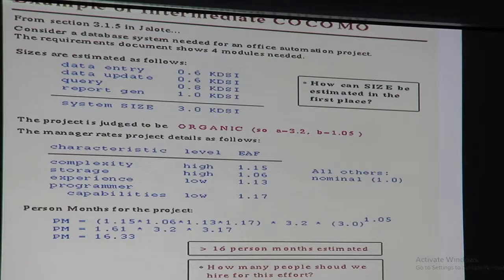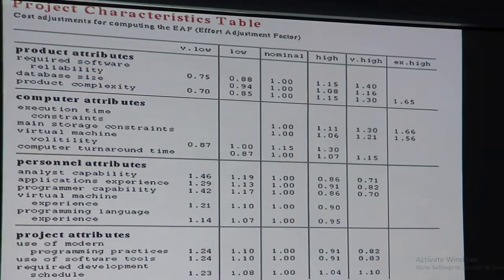I hope you understood the significance of EAF, what a basic COCOMO is, what an intermediate COCOMO is, what the factors are, the scaling factors A and B, and also KDSI, which is size. Now let me reiterate that COCOMO is not followed in industry currently, because this model was based on measures of projects taken during the 70s.